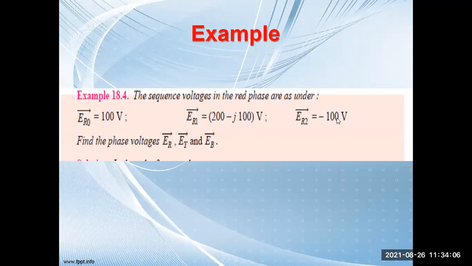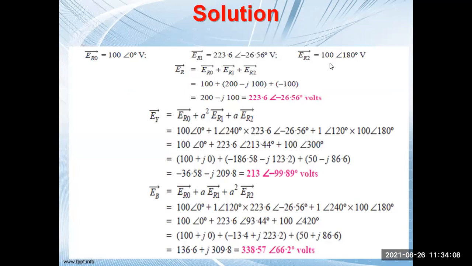And this is minus 100 angle 0. So what has to be done? You have to convert this minus 100 into 100 angle 180 degree. So basically cos 180 plus j sin 180, and cos 180 will be minus, so that's why it will be minus 100. Now, if you substitute these values, that is ER0, ER1 and ER2, you will get the value of ER.